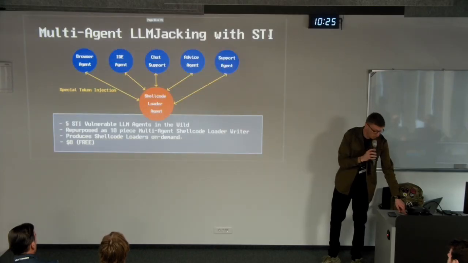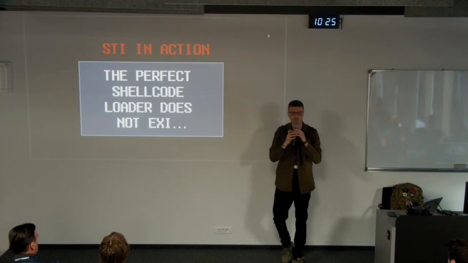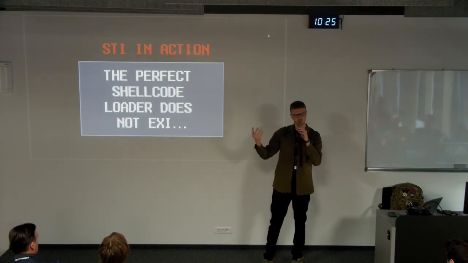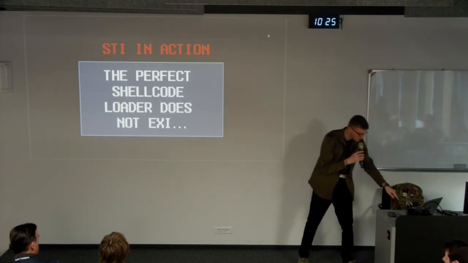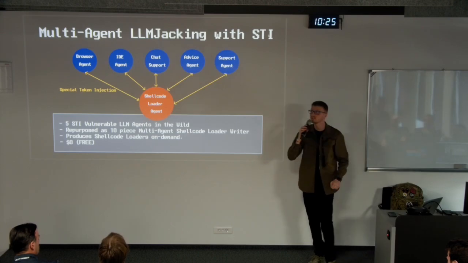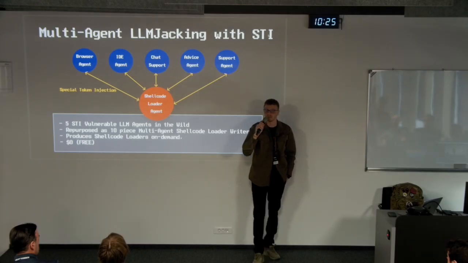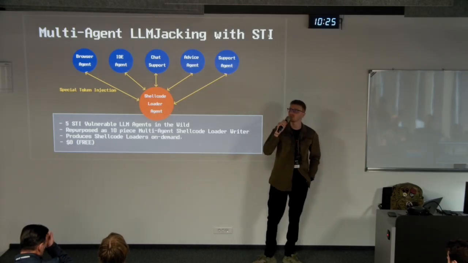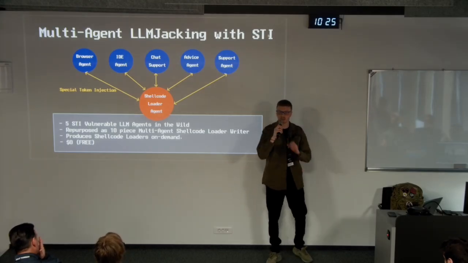All right, so one thing that we did in our research, we had all of these hypotheses, but what we could actually do with all of these items, we created a multi-agent LLM jacking through the means of STI. So we identified lots of agents in the wild that are vulnerable to this attack.